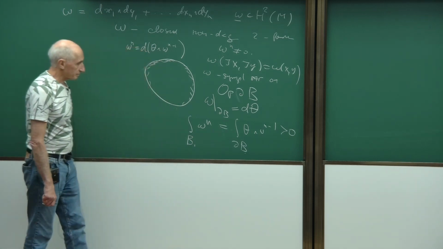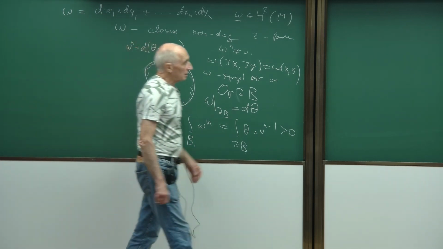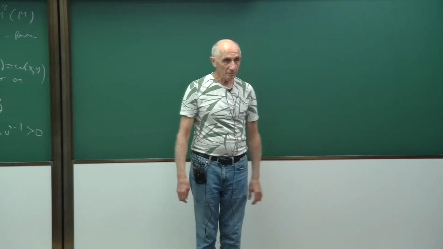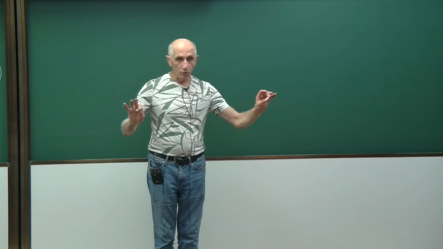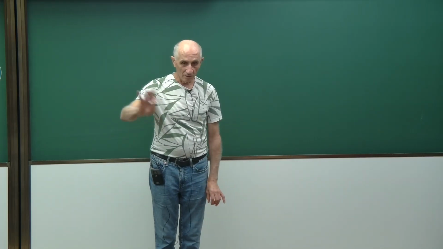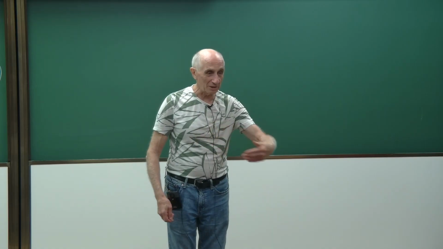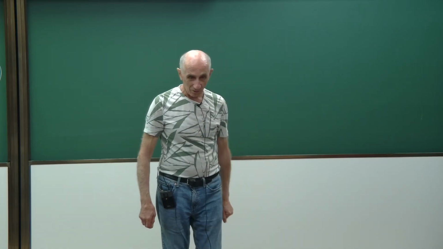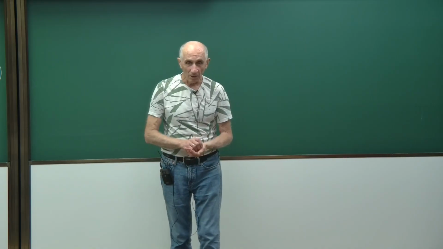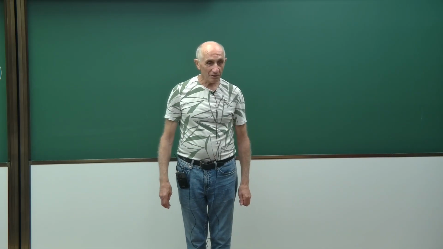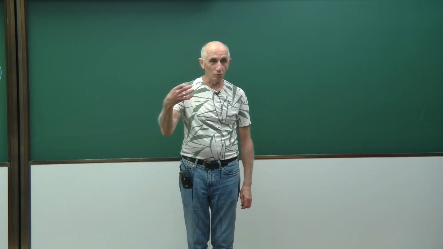As I said, there is the Darboux theorem, which says that locally all symplectic forms are the same, so in particular you cannot locally deform symplectic forms. There is no moduli of symplectic forms, and according to Moser's theorem the same stability holds globally.